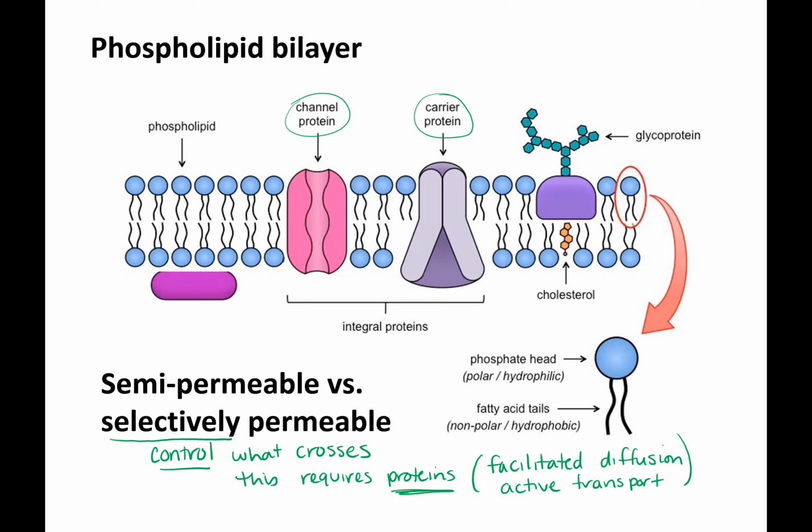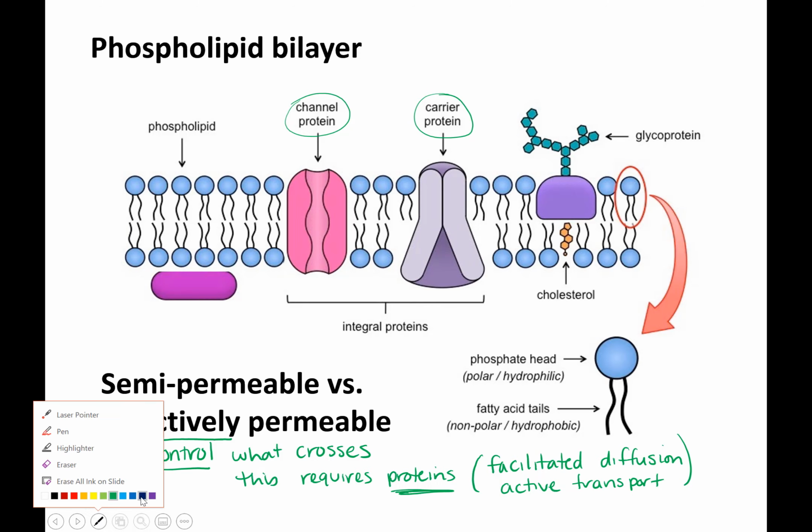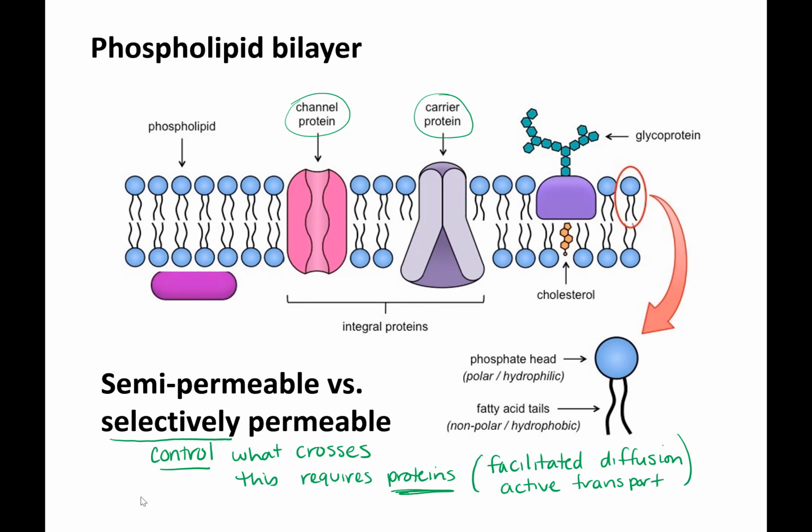And what's the difference between a channel protein and a carrier protein? A channel protein is like a tunnel. It's open. Sometimes it has a gate on it, but it's basically a passageway through. Still very specific.